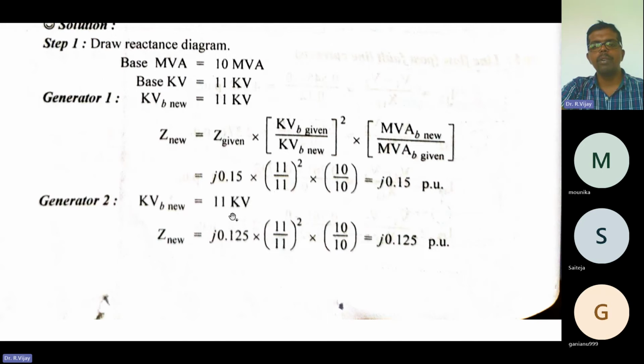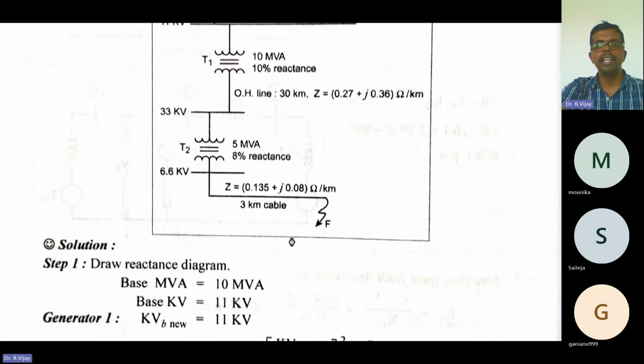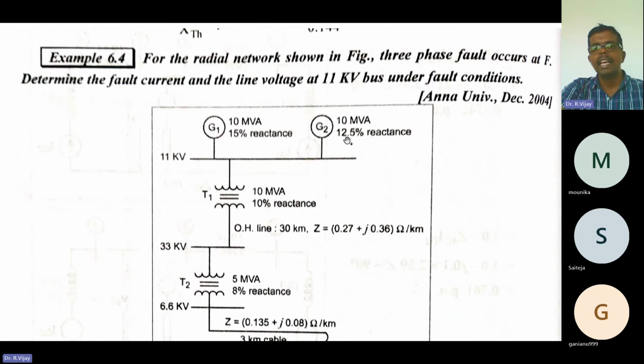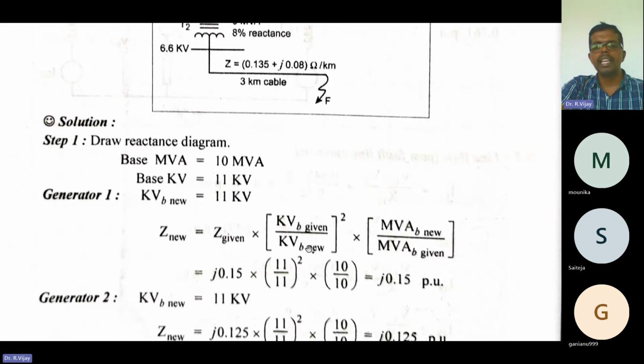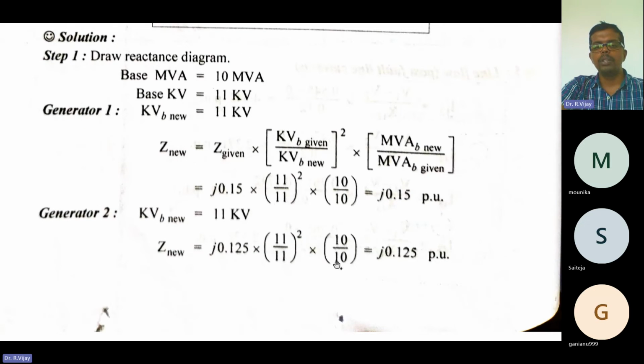The given value in generator 2 is 12.5% reactance, so 12.5 divided by 100 is 0.125 J. That is J into 0.125 into 11 divided by 11, the whole square, into MVA new divided by MVA old, that is 10 divided by 10.